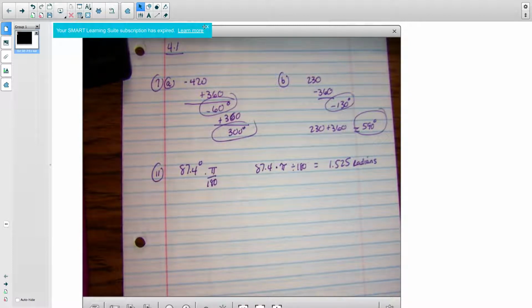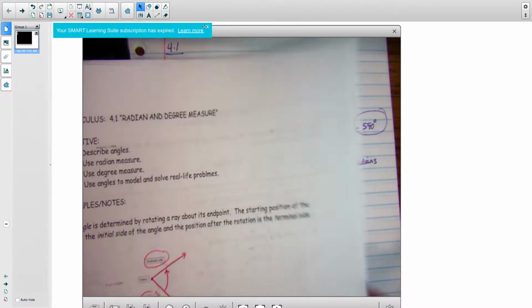13 through 15. 13. Yeah, I'll say 13. Has an intercepted arc of 6 inches. What's the formula for that? It's in our notes.